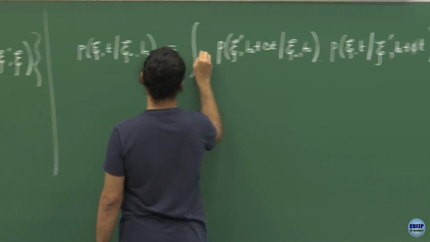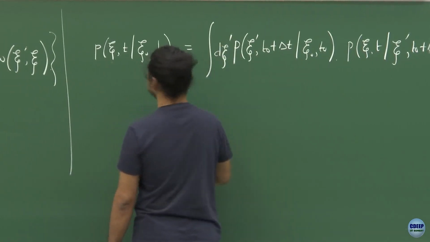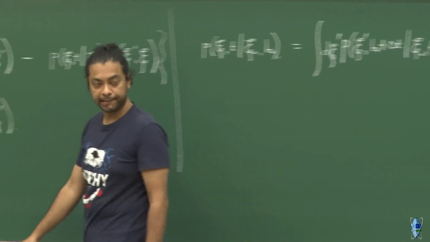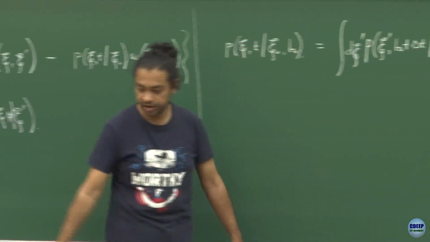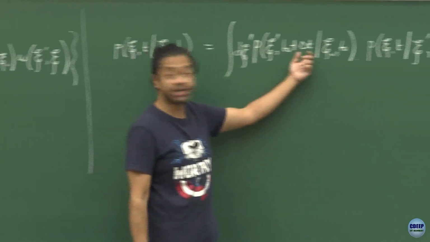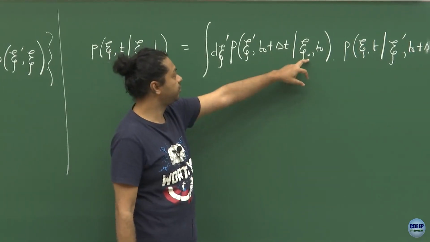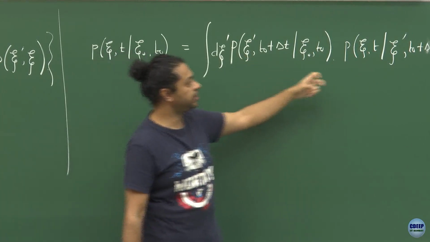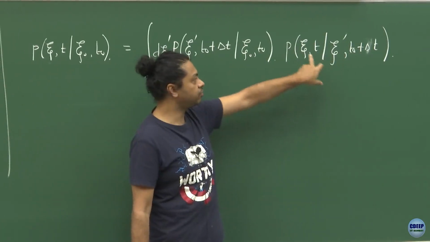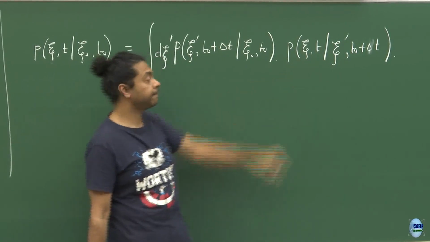And I will integrate out over all possible intermediate states. Okay. So, that is one part in that where I say that in this interval of time delta t, I have transitioned to some state psi prime, and then in that remaining time whatever is left I have to go to this final state psi.